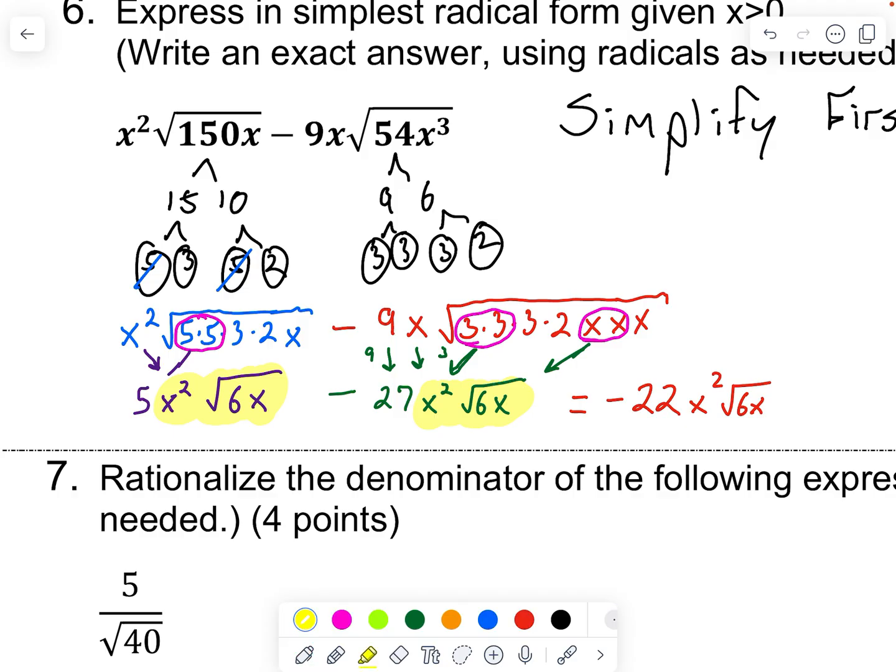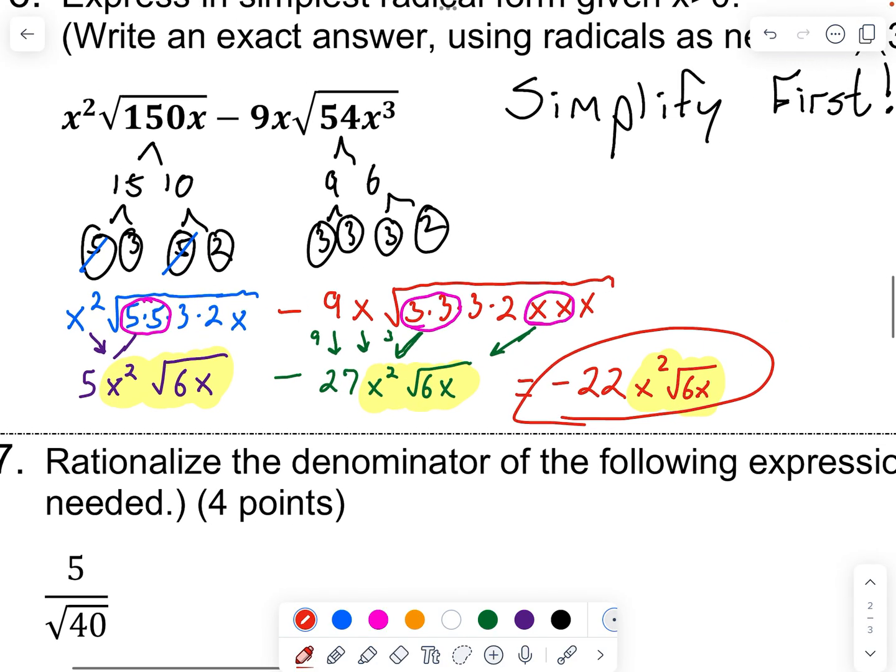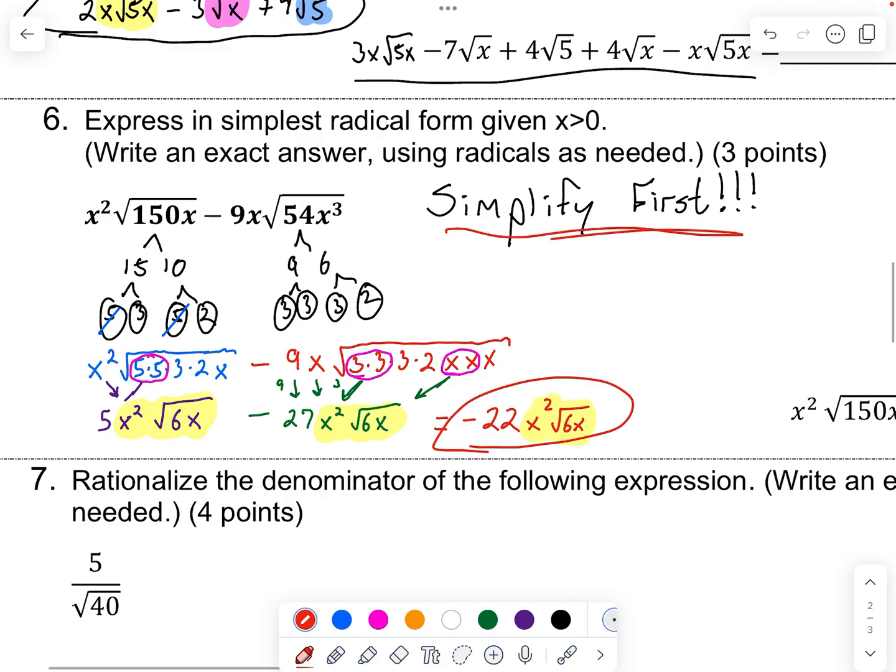Negative 22 of those things there, and that's my final answer right there. Okay, so I had to simplify first in order to see that I could actually combine like terms here.